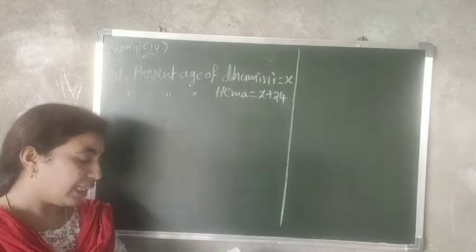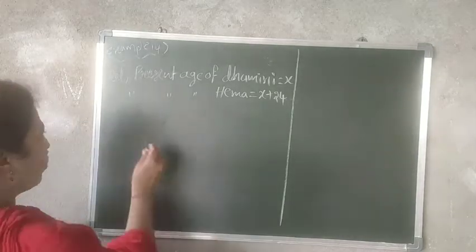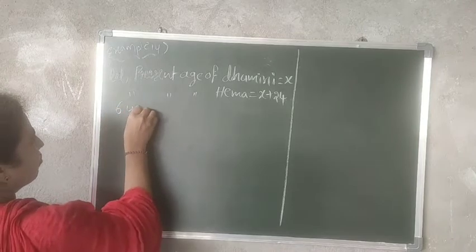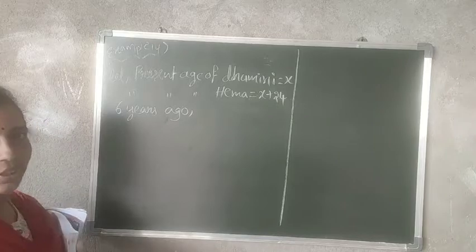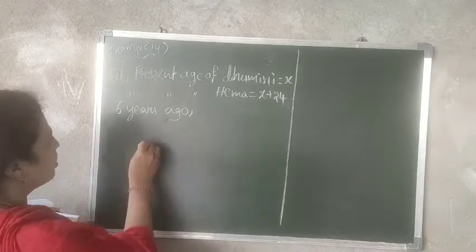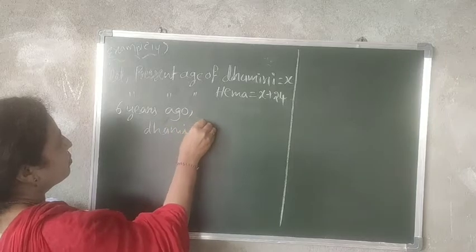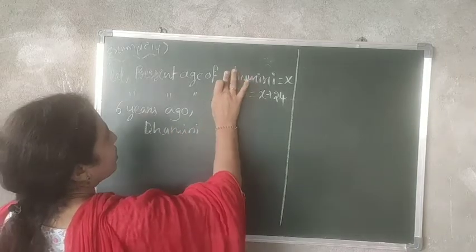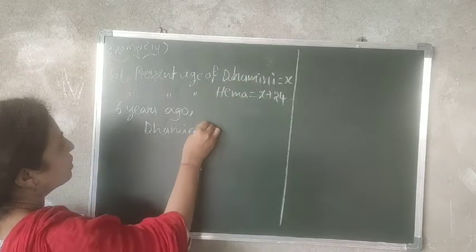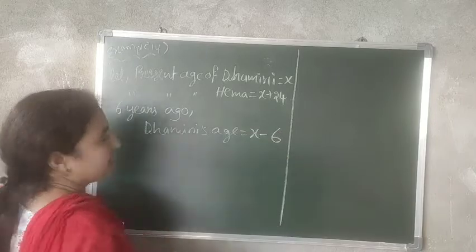Then what have they given? Six years ago. They are comparing now with 6 years ago. So when you consider 6 years ago, what will be their ages? Dhamini's age is x minus 6.